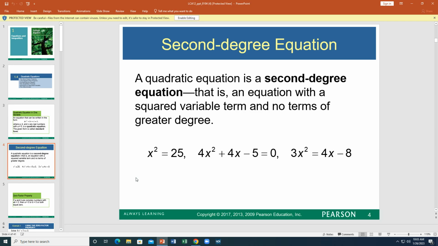Every term has a squared variable and no terms of greater degree. So a quadratic equation is a degree 2 equation.